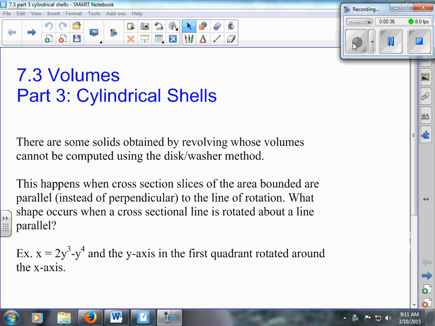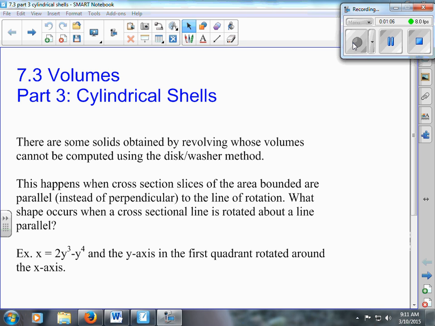Okay, so some volumes cannot be done with discs and washers, and this happens when the area you're rotating is a distinct either top minus bottom or right minus left. Say you had a top minus bottom, then that cross section has to be vertical.